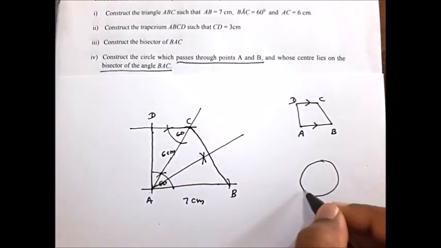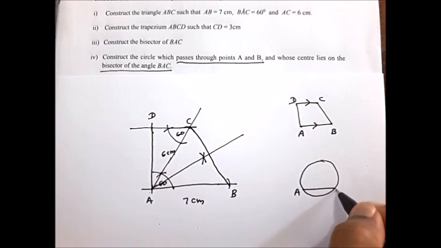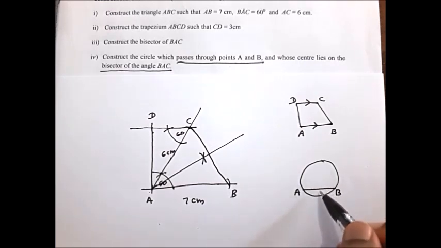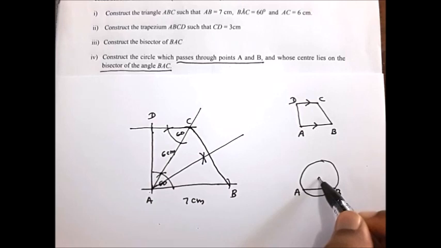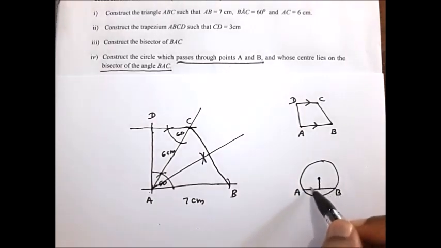If the circle passes through A and B, AB should be a chord of this circle. We can use the theorem we learned in grade 10. If you join the center and the midpoint of a chord, it is perpendicular to the chord.